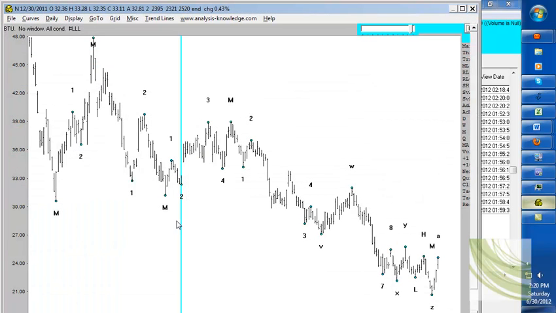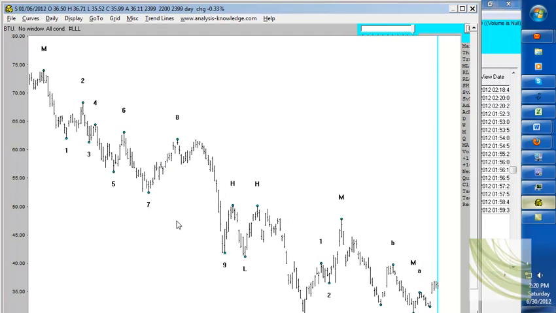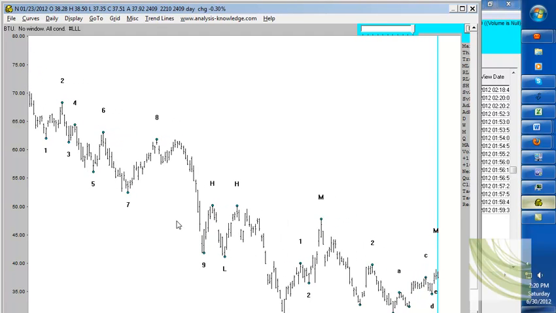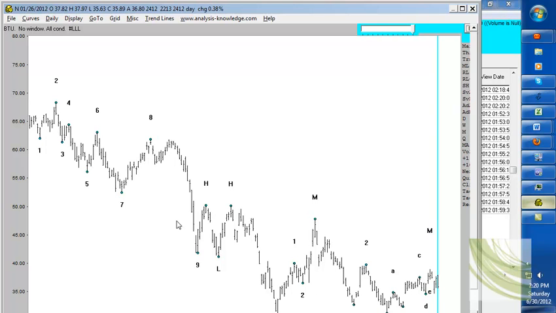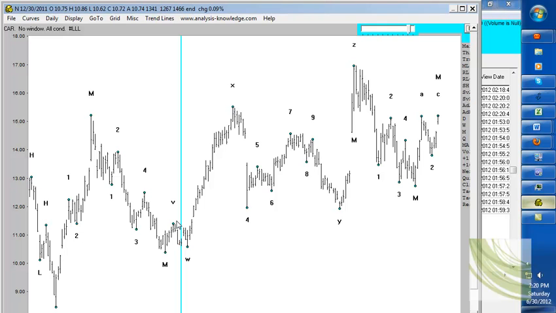And this one is not a pattern. Even though it would have made it to the E point, it was not a pattern. This one, CIR, definitely was.